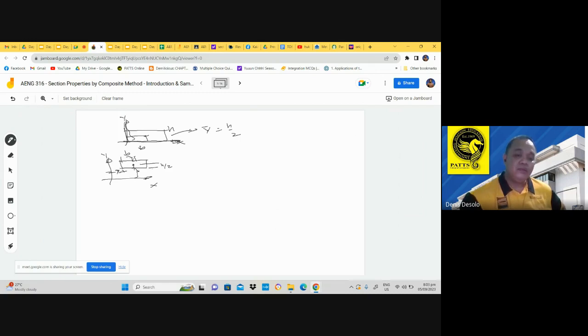You add this to the centroid, then you will have the total distance of the centroid of this cross section, in this case the rectangle, towards the y-axis. So that's what we're doing.